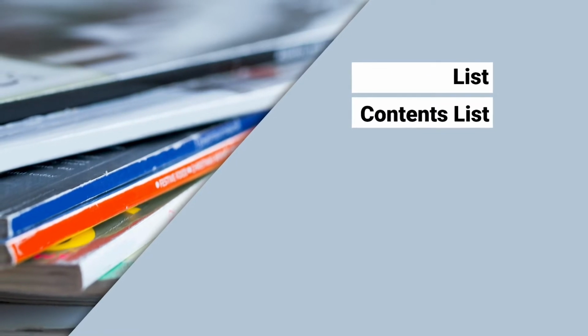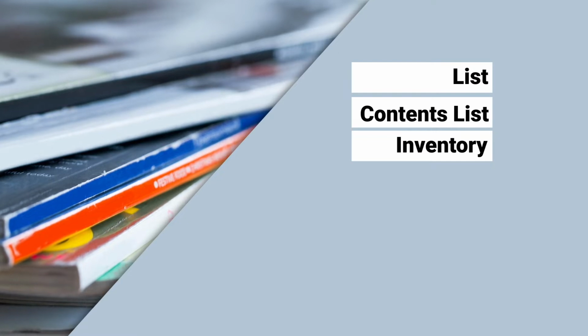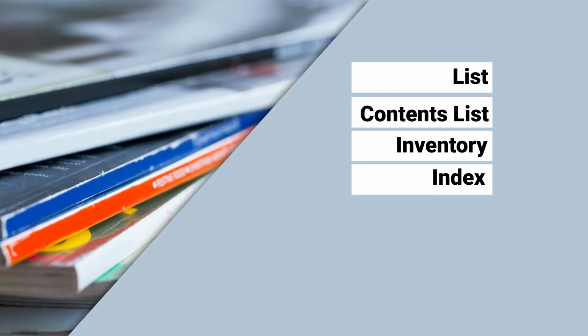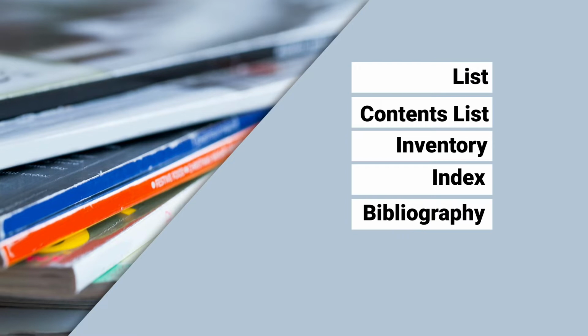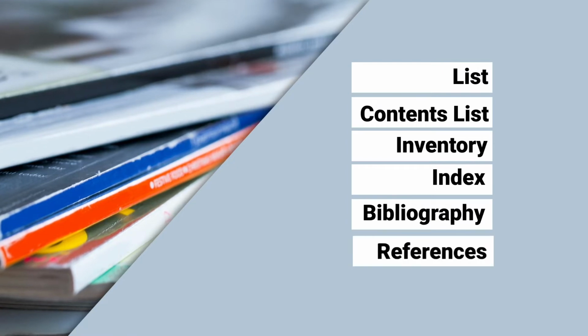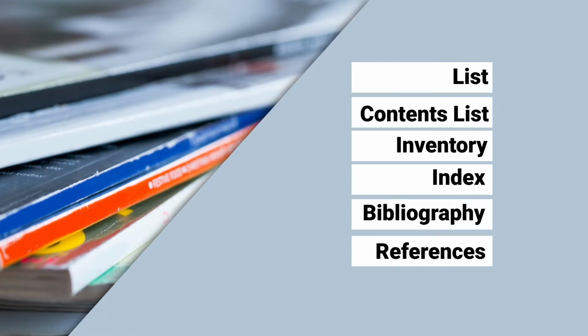A list, a contents list, an inventory, an index, a bibliography, a reference, a number of references. So we will talk about these one by one in detail so that we are able to see how similar or different all these are from a library catalog.